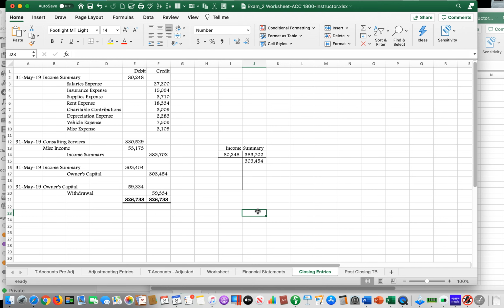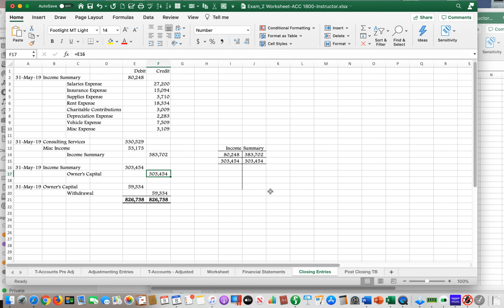And to close it, we're going to debit it by the same amount. And now it's a zeroed out balance. And that's what we did over here with this journal entry. We debited it. We had a credit balance, right? We're going to debit it by $303,000 and credit owner's capital by $303,000.